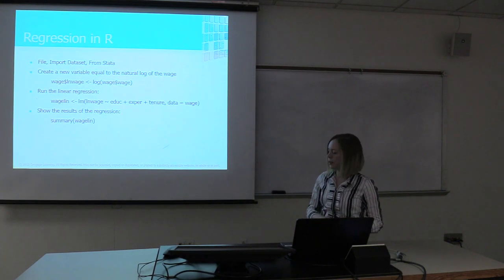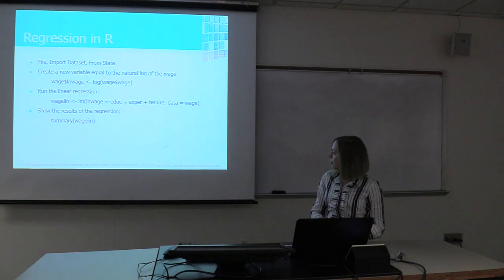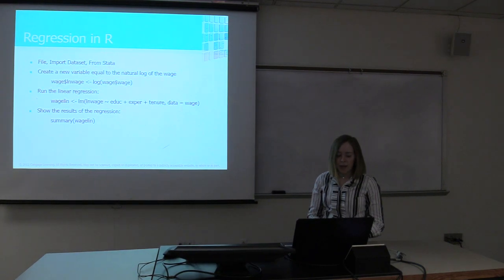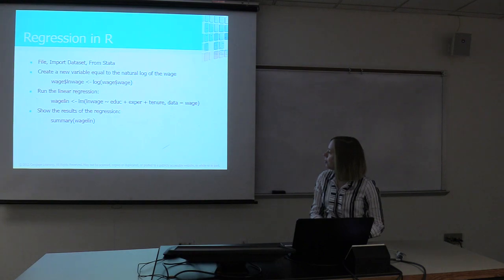To do that, you're going to use this left arrow thing again. This notation is sort of interesting. See how we've got wage $ sign. What's to the left of the $ sign is the name of the data set itself. What comes after the $ sign is the name of the variable.